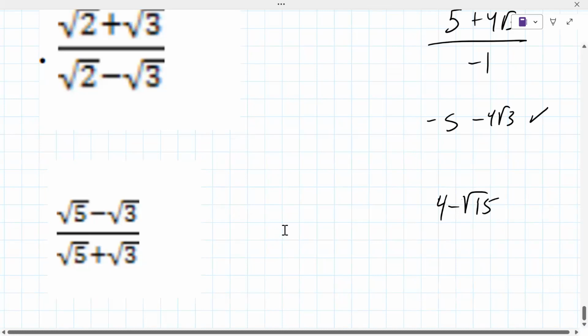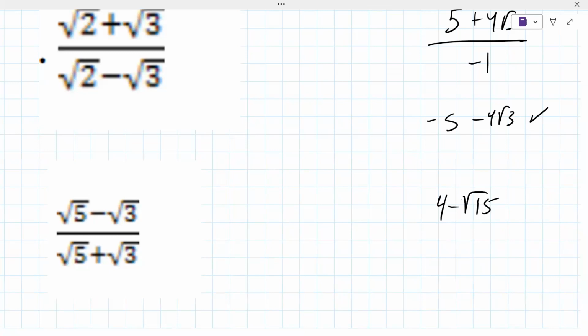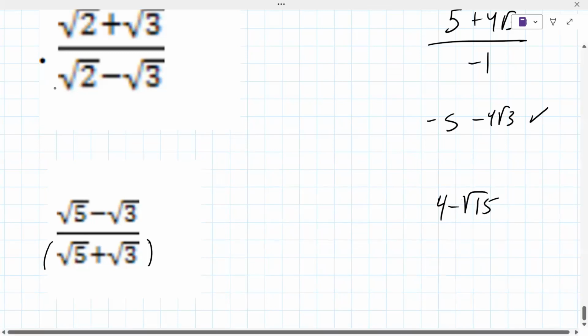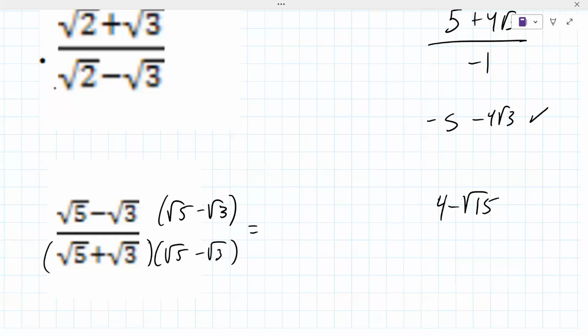All right. So actually, I do need to check this one. You multiplied by square root of 5 minus square root of 3. So the top becomes 25 minus square root of 15 minus square root of 15 minus square root of 9.